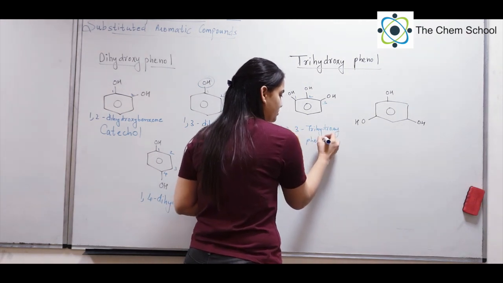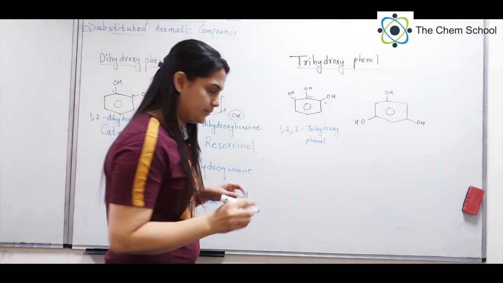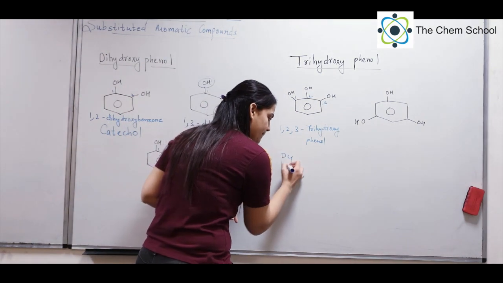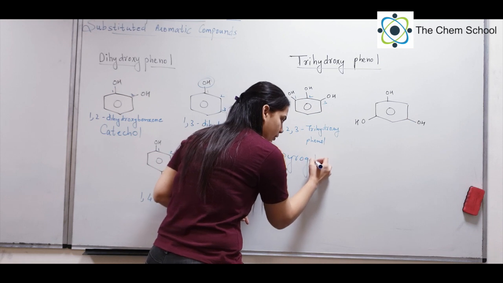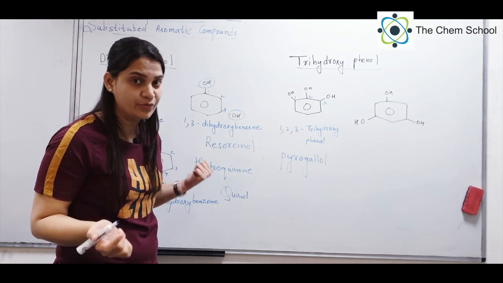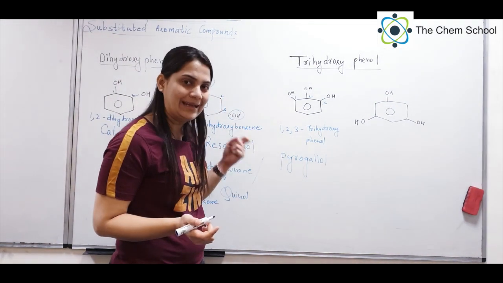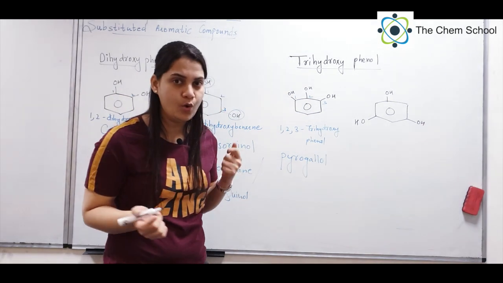Now this is very simple, isn't it? But the other name for this is pyrogallol. This one is also used for water purification. So this is a very important molecule. So I repeat, 1,2,3-trihydroxyphenol is called pyrogallol.